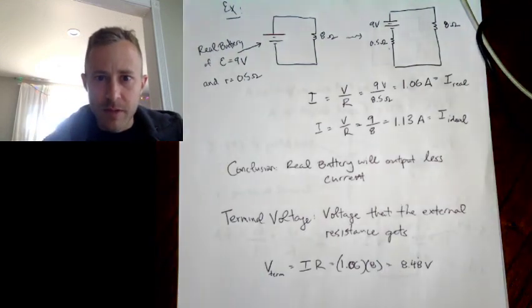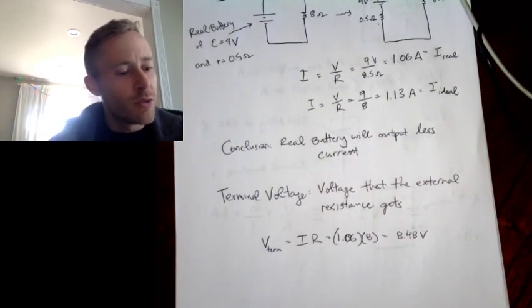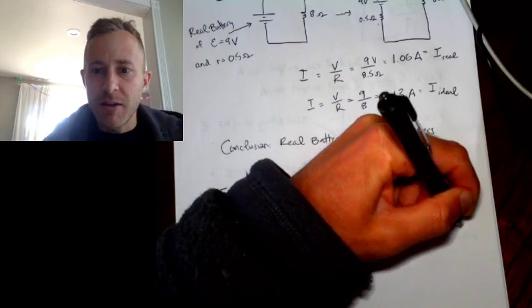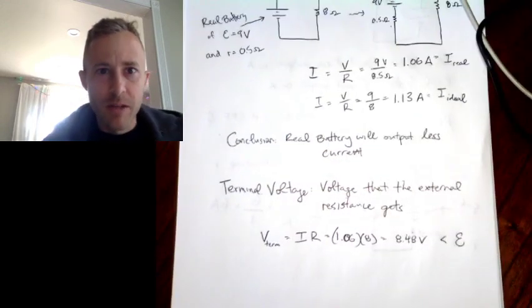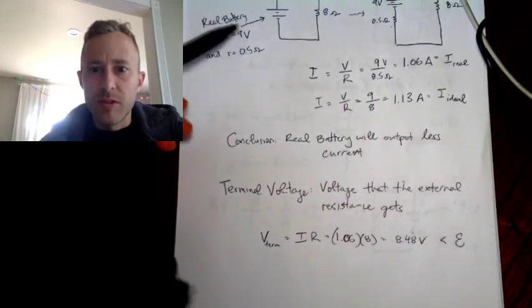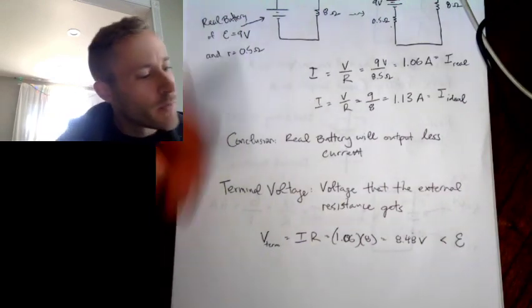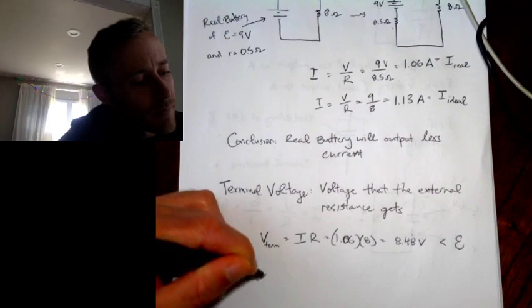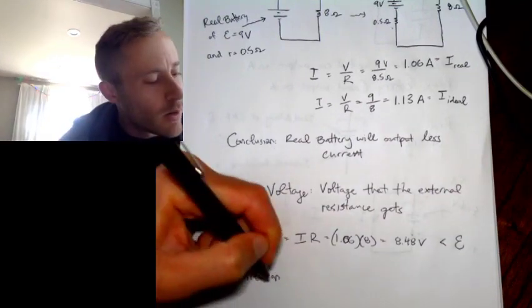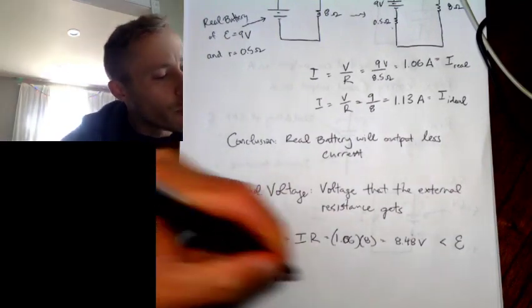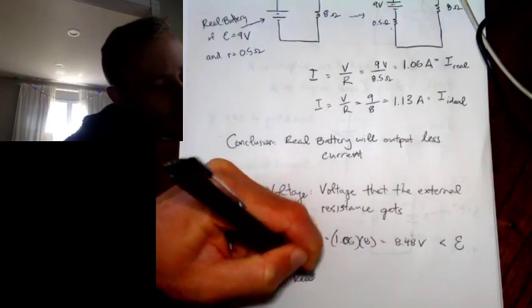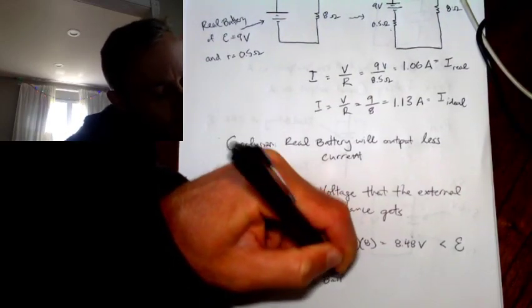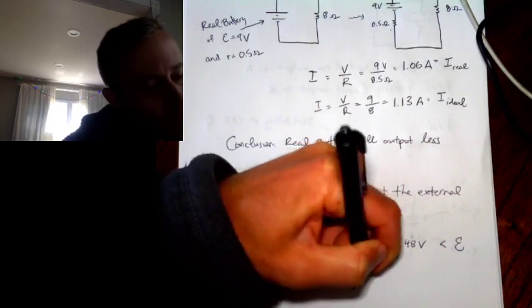Notice that the terminal voltage is less than the EMF of the battery. The EMF of the battery was 9 volts. Okay? So we can make a conclusion based on this. Real batteries will output less voltage as well.